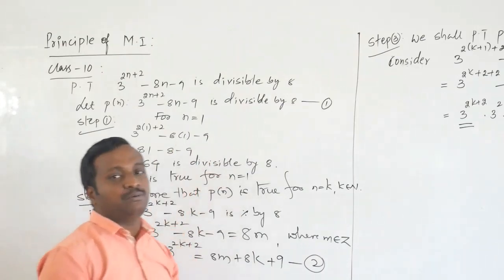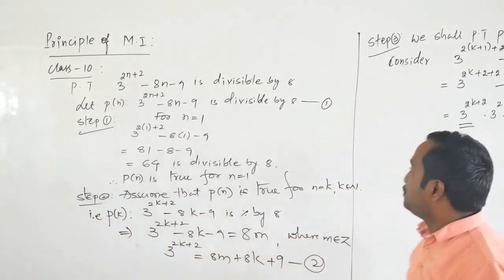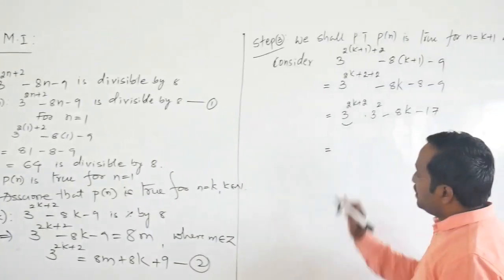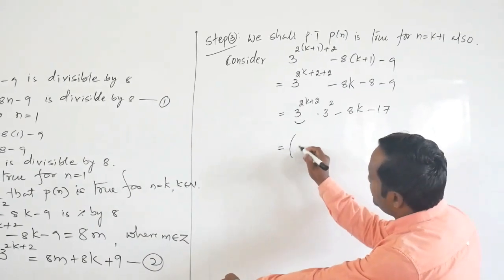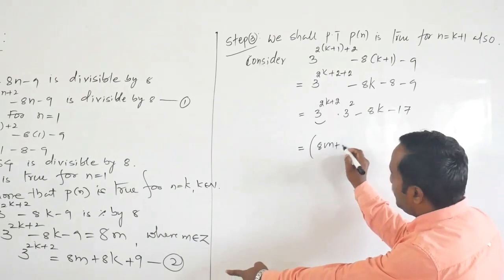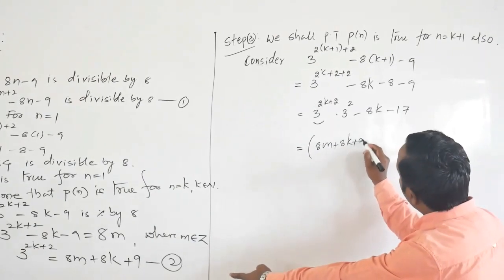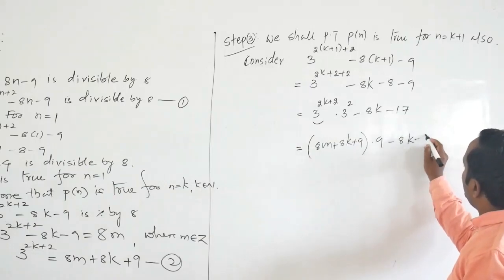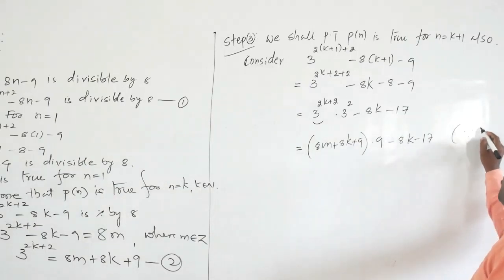Use this: 3 raised to 2k plus 2 eliminated. So just write this from that equation. I can write this as 8m plus 8k plus 9, into 3 square which is 9, minus 8k minus 17. This is because from equation 2 I have written this step.